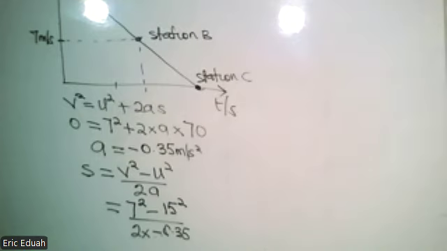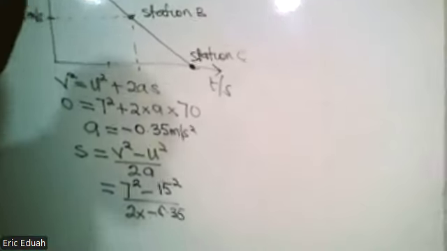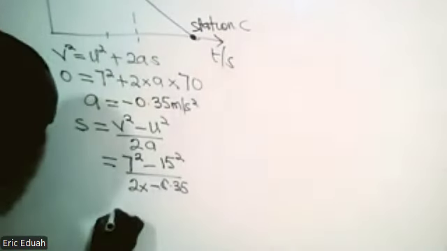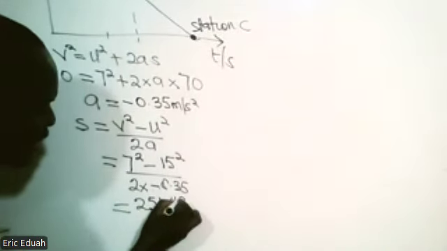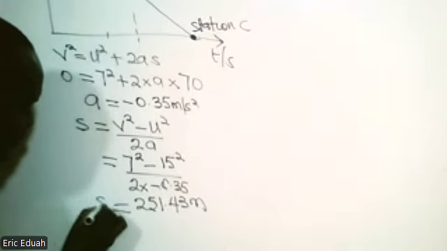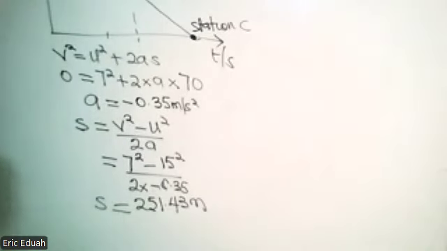We need to get 251.43 as Elizabeth had. So S will be equal to 251.43 meters, the distance between station A and station B.